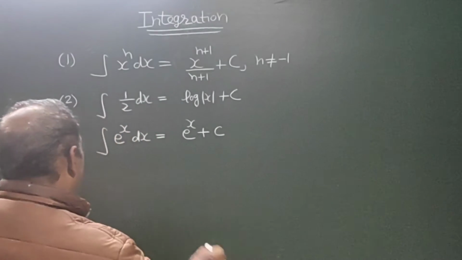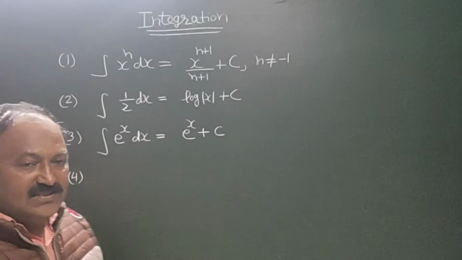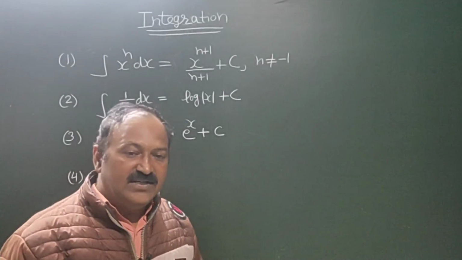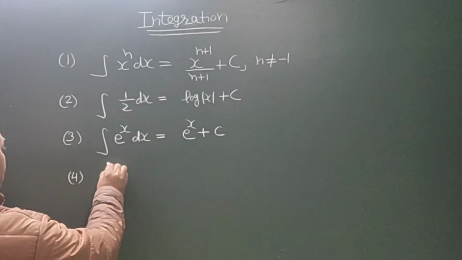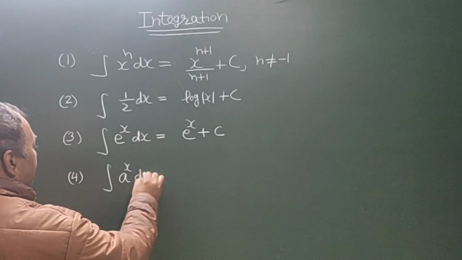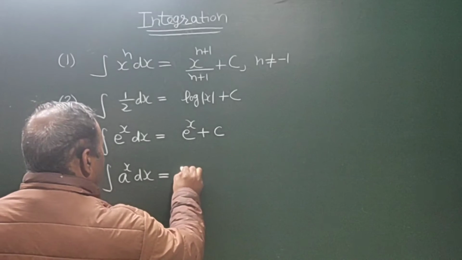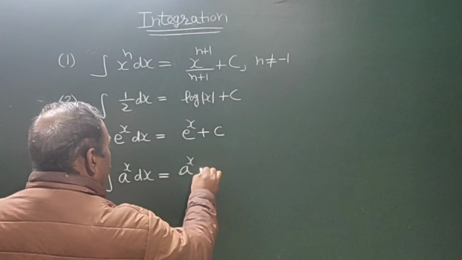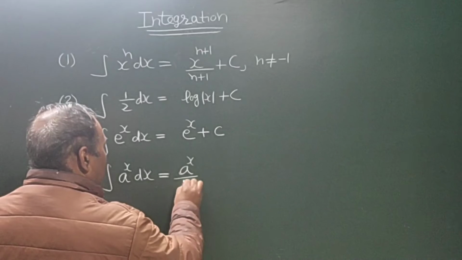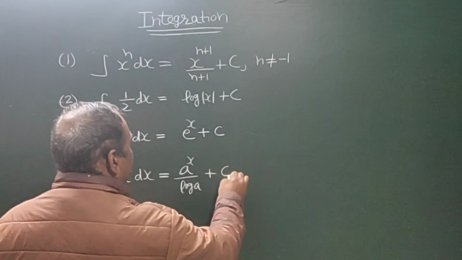And the fourth formula, that is the basic formula of the integration of a raised to power x into dx, that is equal to a raised to power x divided by log of a plus constant of integration c.